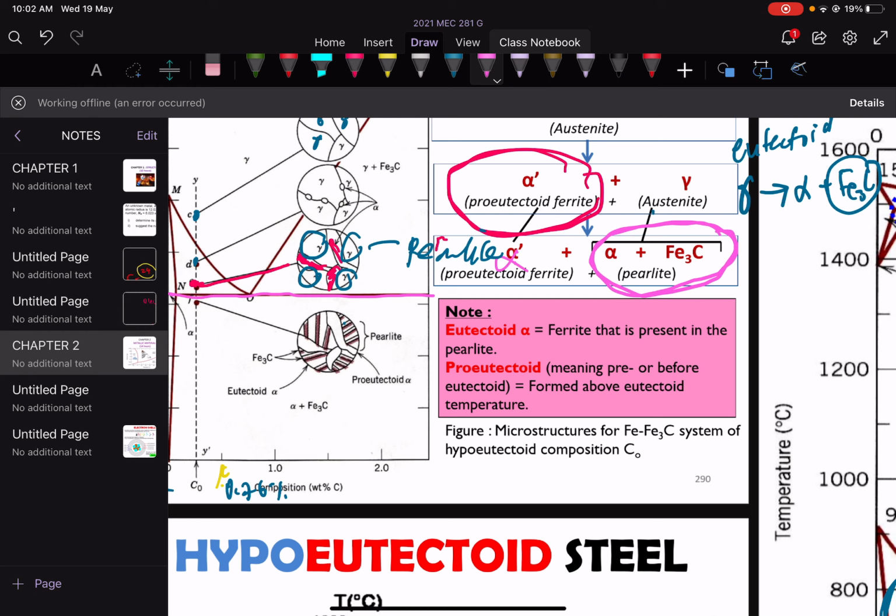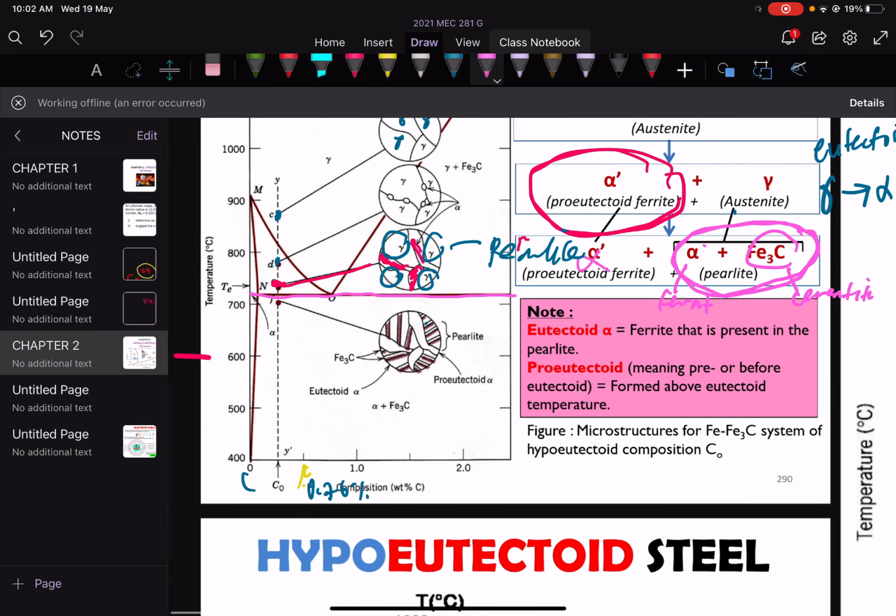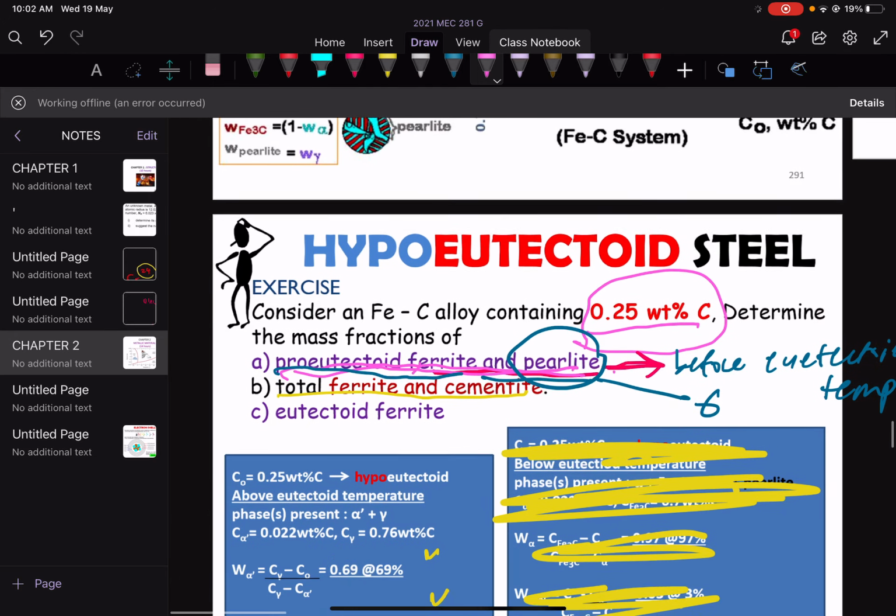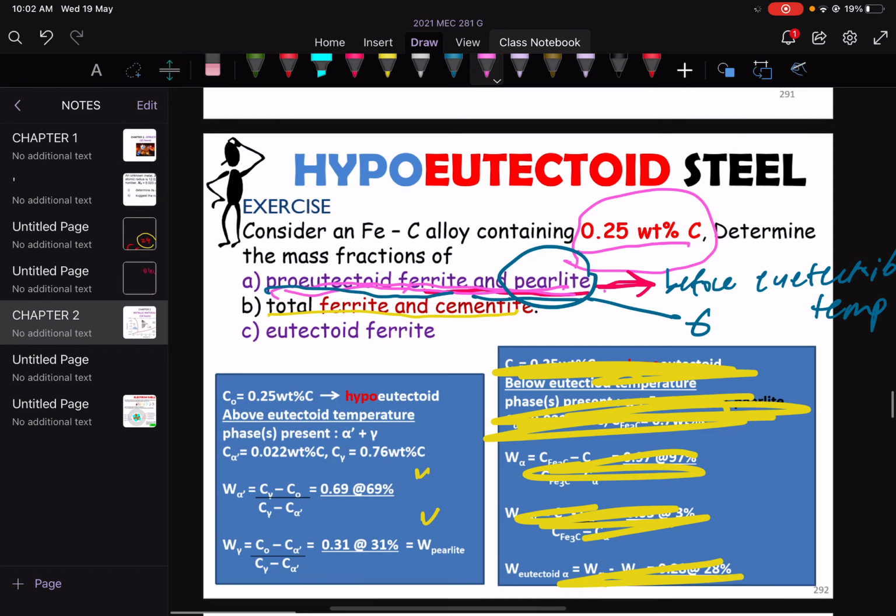Okay, so basically ferrite and cementite now can be found below the eutectoid temperature. Okay, so how we are going to find the total ferrite and cementite is from finding below the eutectoid temperature.